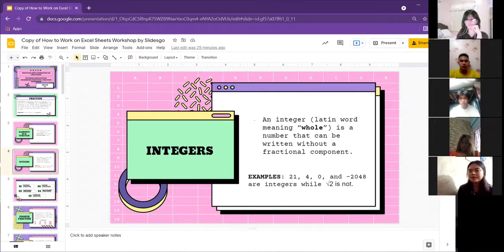Examples: 21, 4, 0, and negative 2048 are integers, while the square root of 2 is not. The square root of 2 is not an integer because it is irrational, which means it's not a perfect square, while the square root of 4 is an example of an integer.